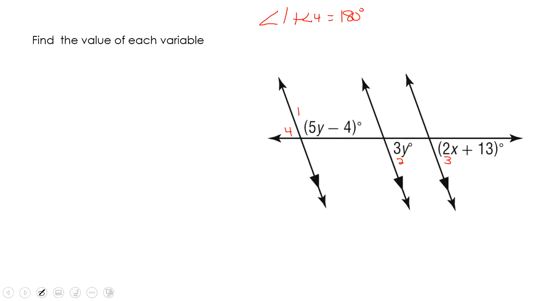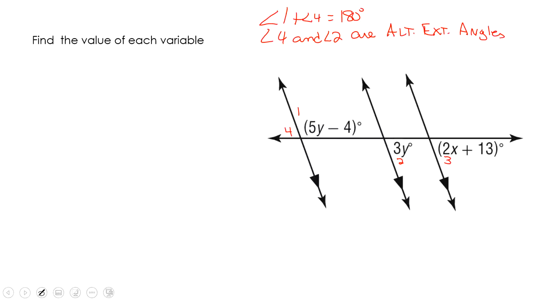From that, I also see that angle 4 and angle 2 are alternate exterior angles. Does that make sense? Because they're outside the lines.